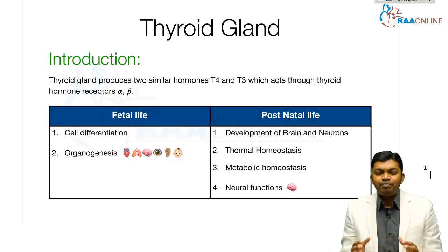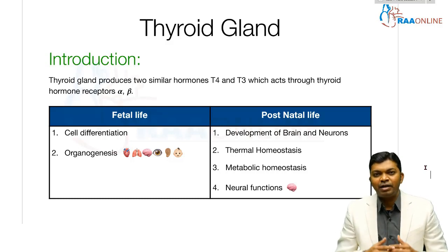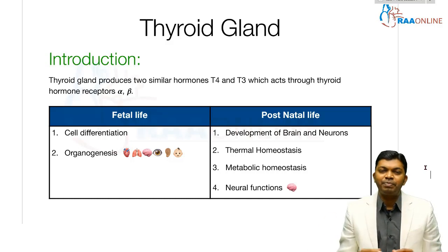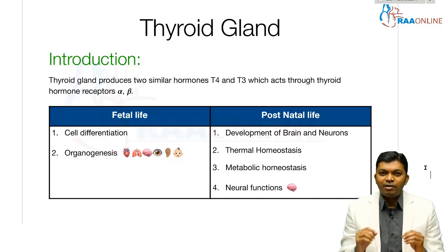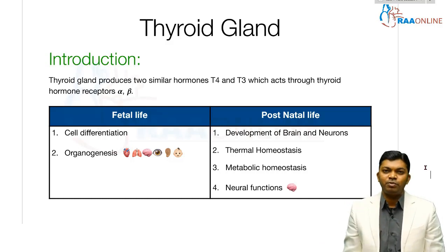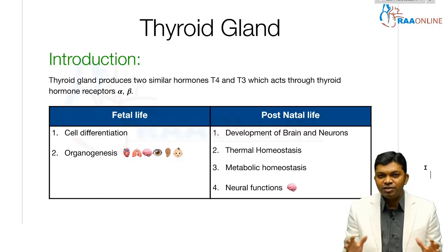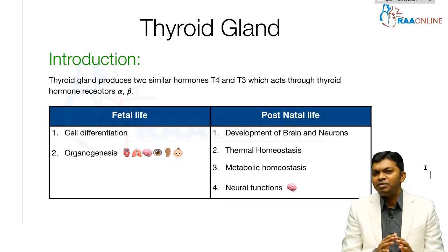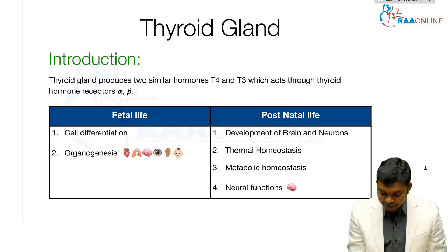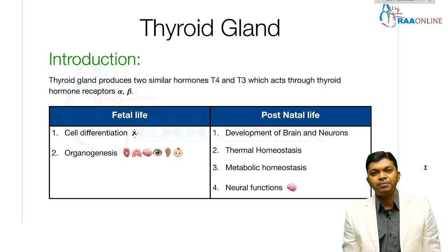We have totipotent stem cells, we have pluripotent stem cells that differentiate into different organs. For that very basic purpose of cell differentiation, we need thyroid hormone. Without thyroid hormone, differentiation of cells is impossible. So the first point you need to understand is the importance of thyroid hormone in cell differentiation.